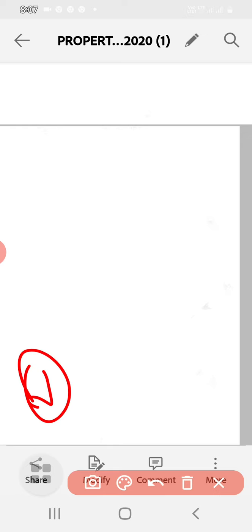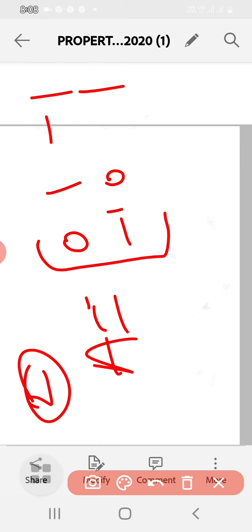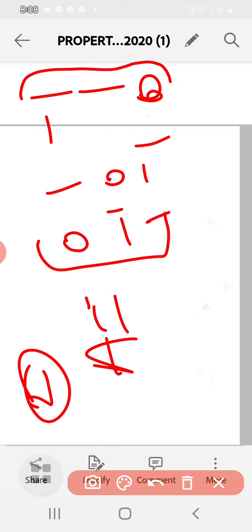We have to show that the given matrix is skew symmetric. The given matrix is 0 1 minus 1, minus 1 0 1, then 1 minus 1 0.